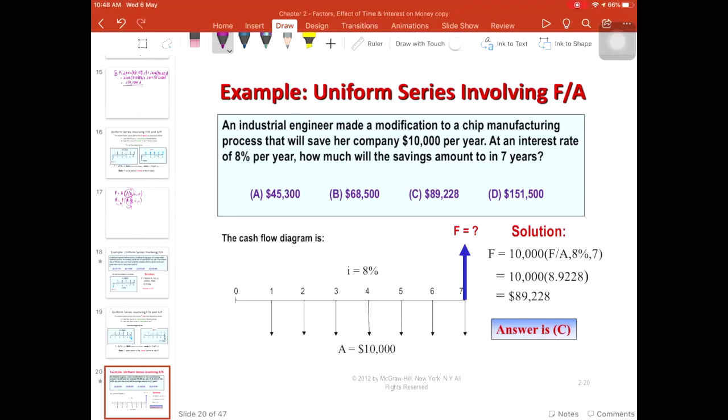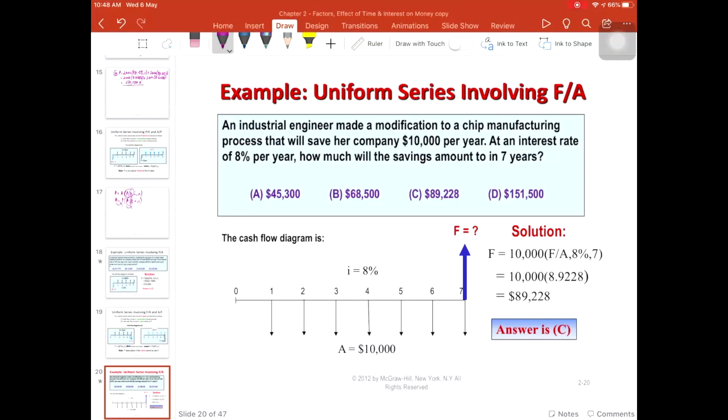That means every year until year 7, you will get 10,000 ringgit. So you just draw the cash flow diagram. So it looks like this one. Then you have to find F, use the standard factor notation, and then we will get 89,228 ringgit. Okay, same, correct eh?